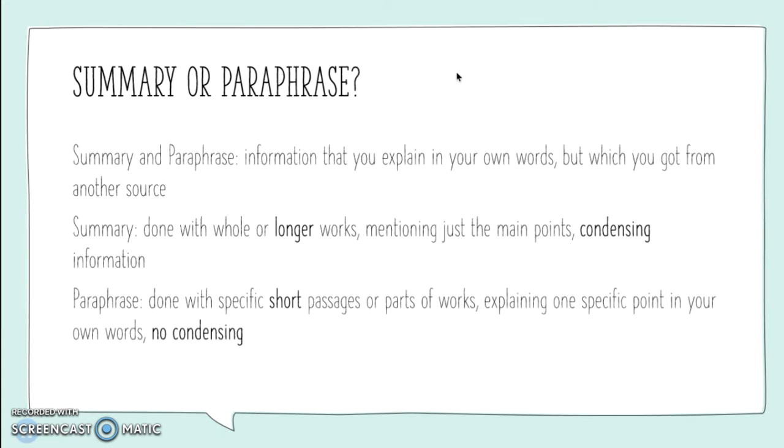So maybe it's 5 pages and you condense it down to a paragraph. Or maybe it's a paragraph and you condense it down to a couple sentences. A paraphrase is done with a specific short passage or part of a work, and you would explain one specific point in your own words, but you wouldn't need to condense. So both are done in your own words.